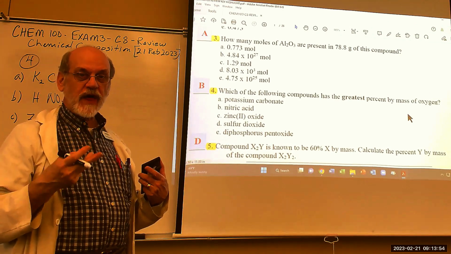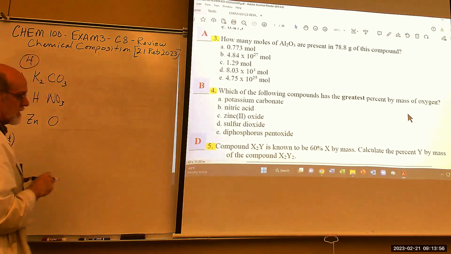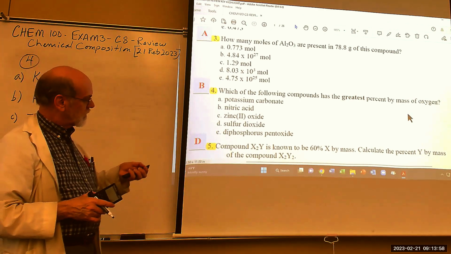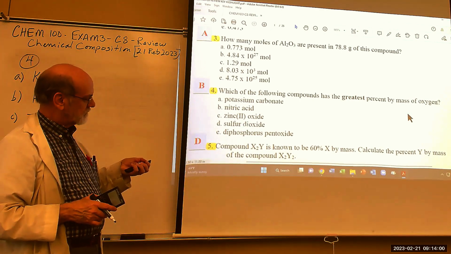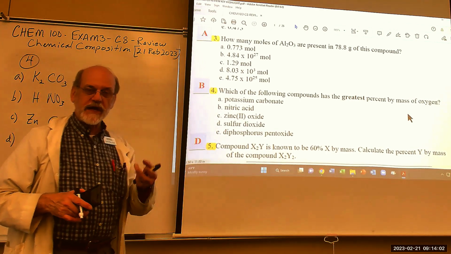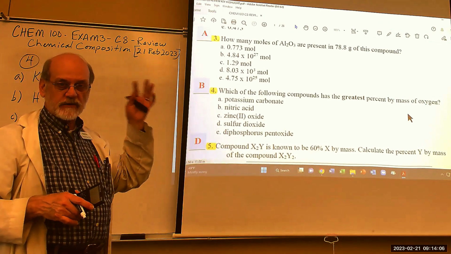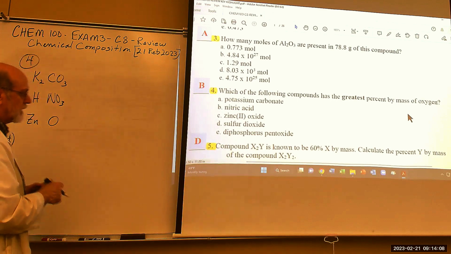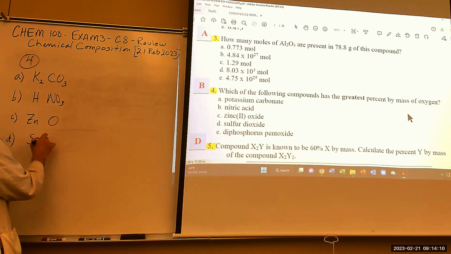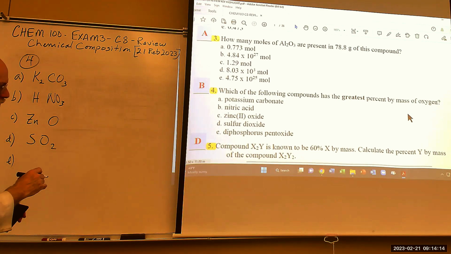Sulfur and oxygen are both nonmetals. And there's another giveaway here, the dioxide. In a type 1 or a type 2, you don't have to say mono, di, tri, tetra, whatever. So sulfur dioxide. And the last one, diphosphorus pentoxide.